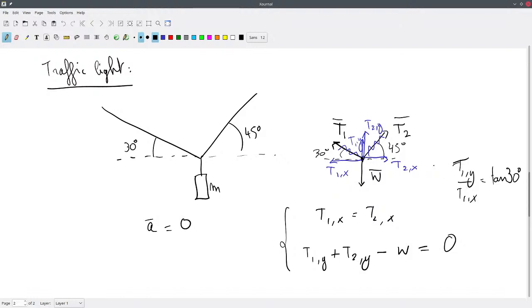Again, that would be a way to then solve for T1x, T1y, or T1 and T2, including their magnitude and their direction. Well, we have their direction. It's 30 degrees and 45 degrees. Okay.